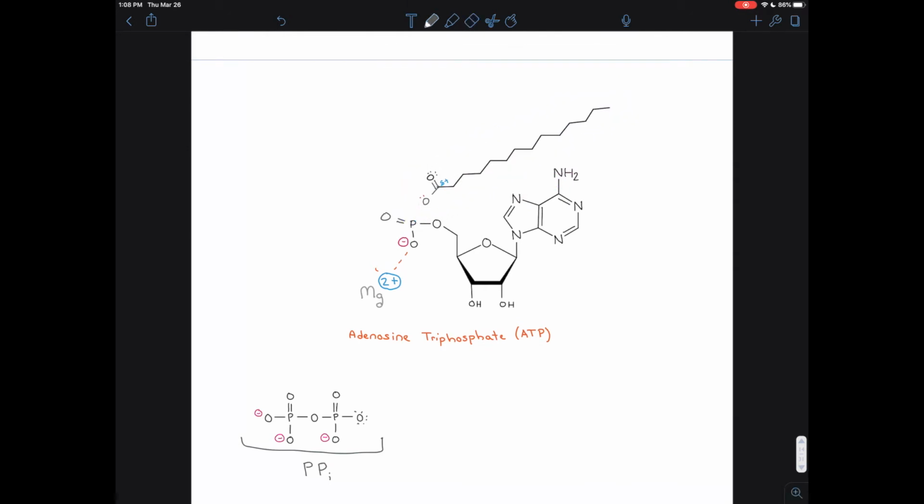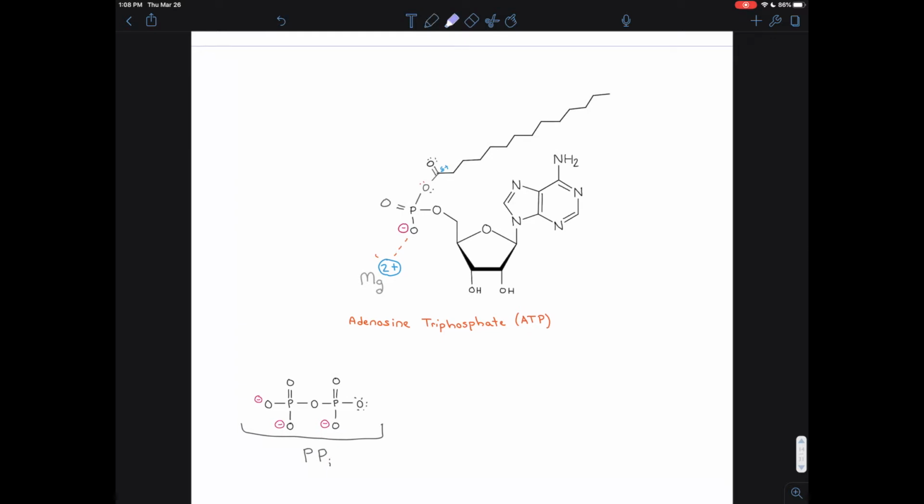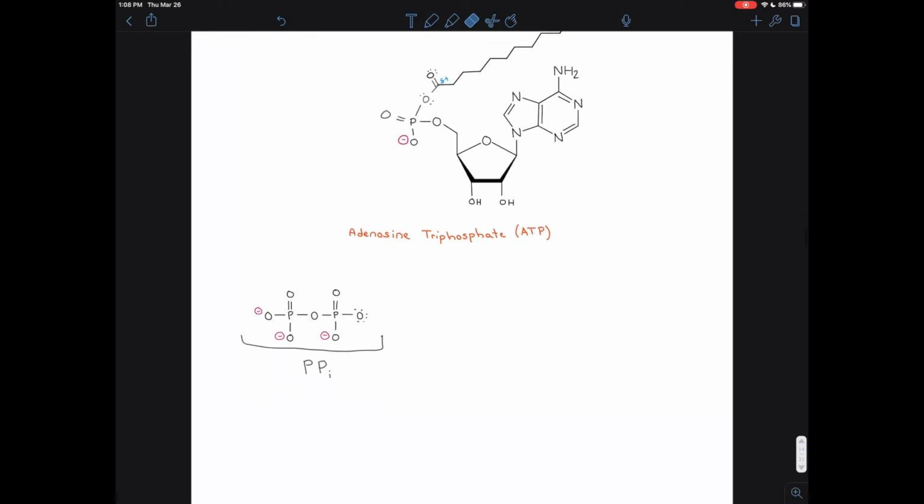And let me actually move that over. So we'll have that and there. Okay. And at this point, this magnesium can go away, can diffuse. There's not enough charge there to make it stick around. Probably it goes off with the inorganic diphosphate.